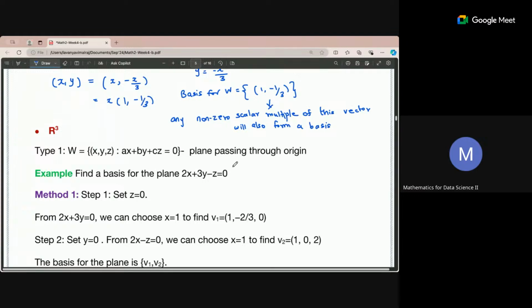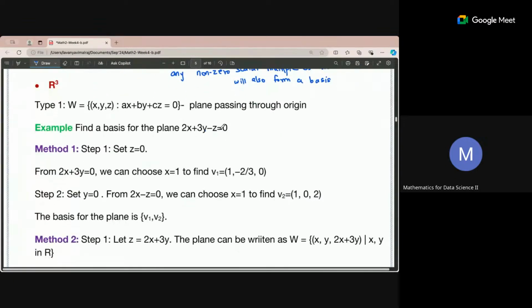Let us consider a specific example with the equation 2x plus 3y minus z is equal to 0. Either you can make z as 0, and then you have 2x plus 3y. You can randomly put some value for x, and then find the value of y. Similarly, you set another variable as 0, choose some random number for x, and find the value of z. So this is one way of doing.